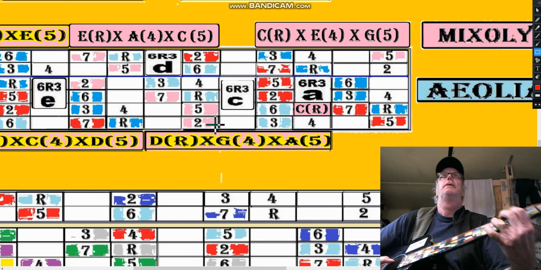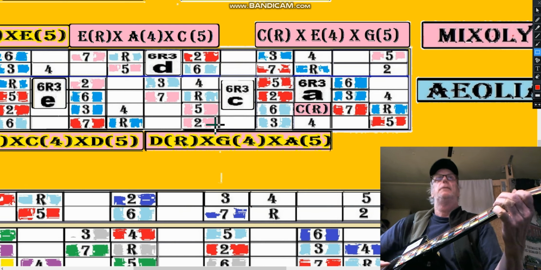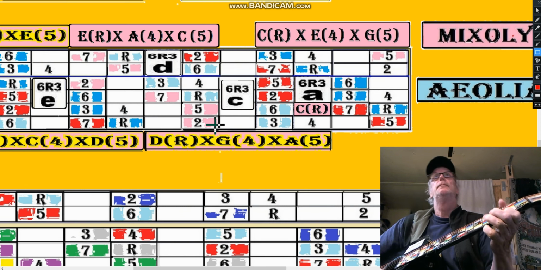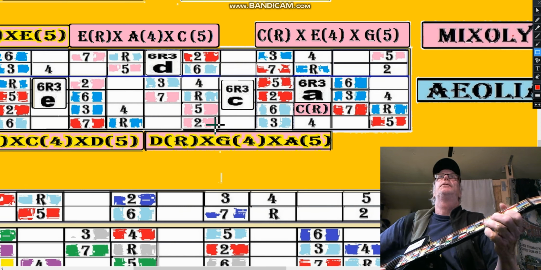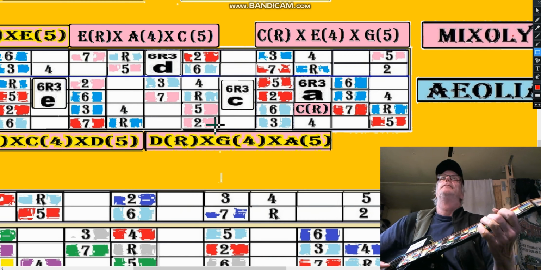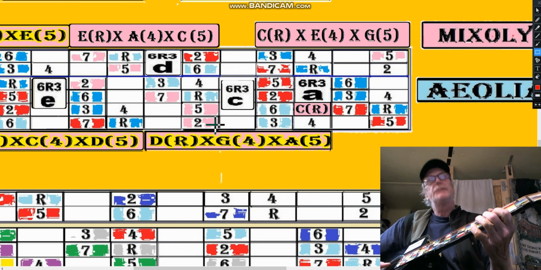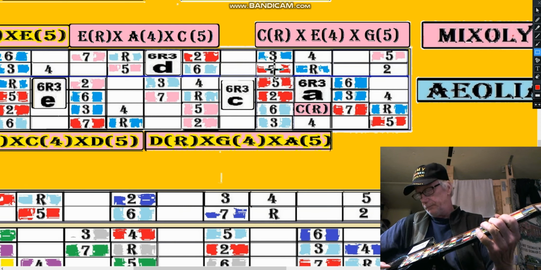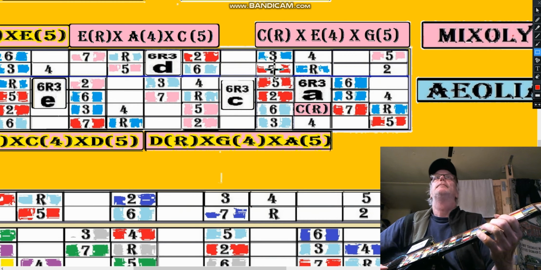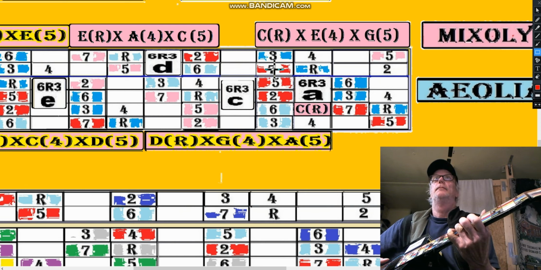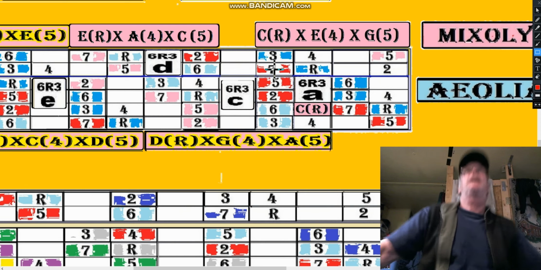So right there is our 3, 2, 5, 7. So that's the name of that tune.